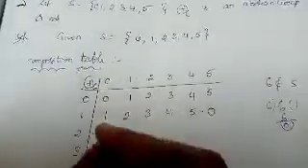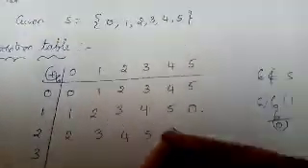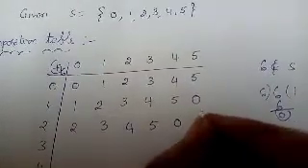Then 2 plus 0 gives 2, 2 plus 1 is 3, 2 plus 2 is 4, 2 plus 3 is 5, and 2 plus 4 is 6. So 6 also does not belong to the given set, so here write 0. Next, 2 plus 5 is 7.